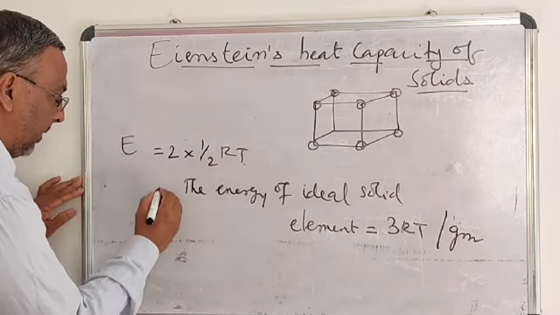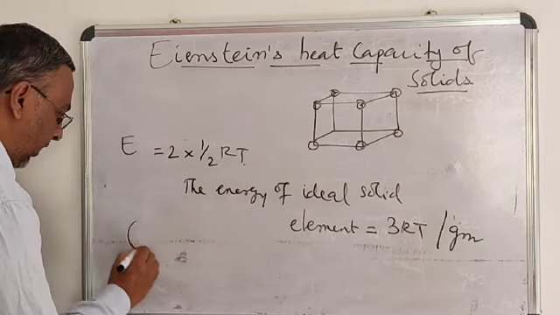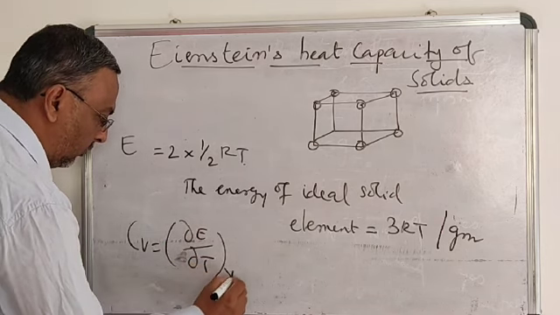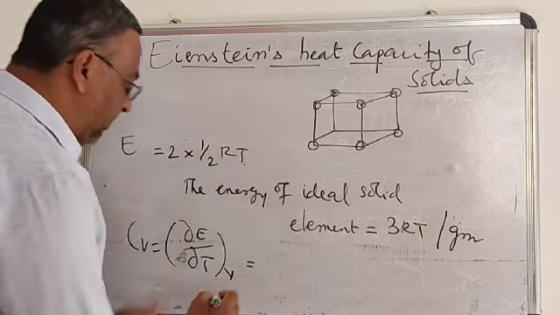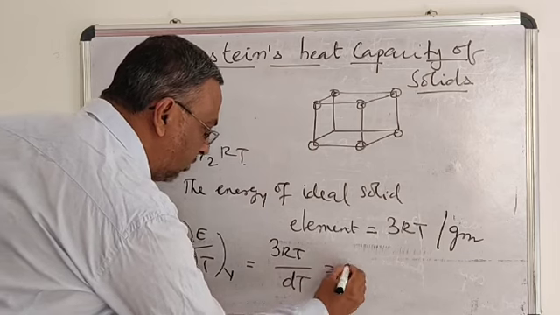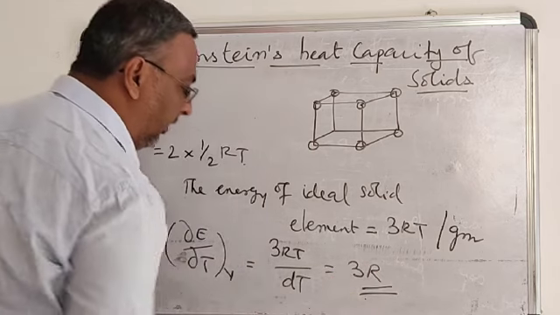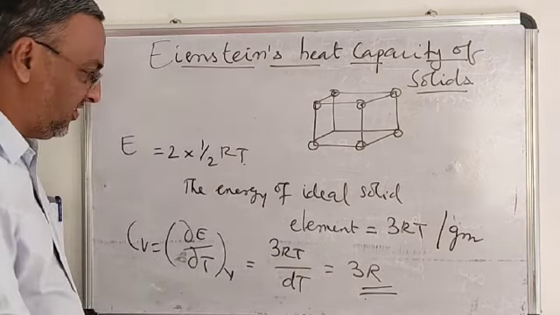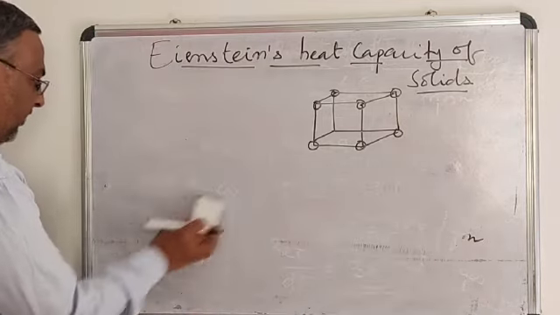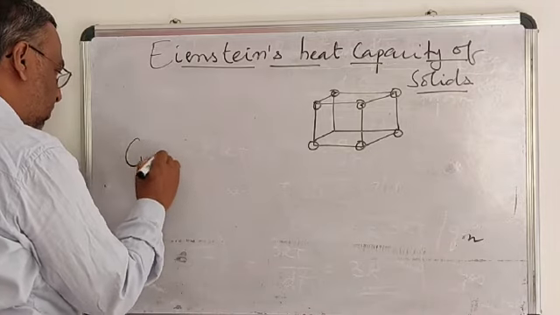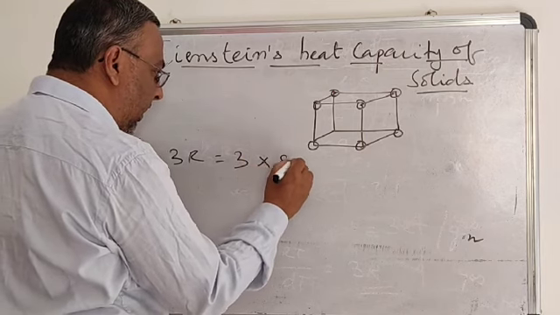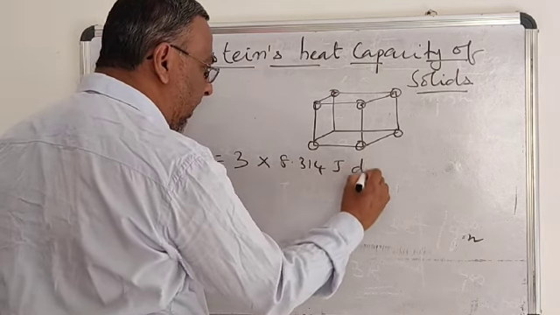Okay, what is the heat capacity? This is the energy. We know that the heat capacity at constant volume is dou E by dou T, and with the energy 3 RT, d by dT will be equal to 3 R. The heat capacity of a solid will be almost equal to 3 into R, where R is 8.314 joules per degree per mole.